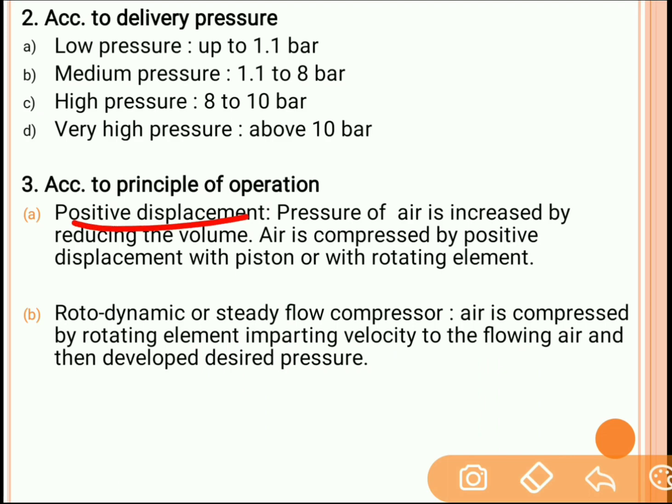So the positive displacement principle is used in reciprocating and rotary compressors, and the rotodynamic principle is used in centrifugal compressors. Here, reduction of volume does not take place, but pressure is increased because of the rotating element.